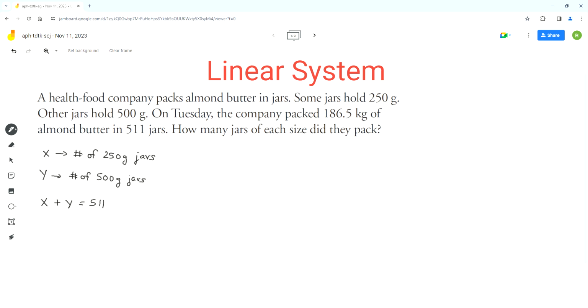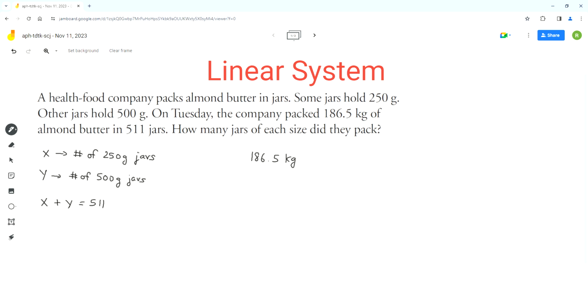Now the other piece of information given in the problem is that they packed a total of 186.5 kilogram of almond butter. The other weights given in the problem are in grams, 250 gram and 500 gram, but the total weight is given to us in kilograms. So the first thing we should do is to convert 186.5 kilogram to grams.